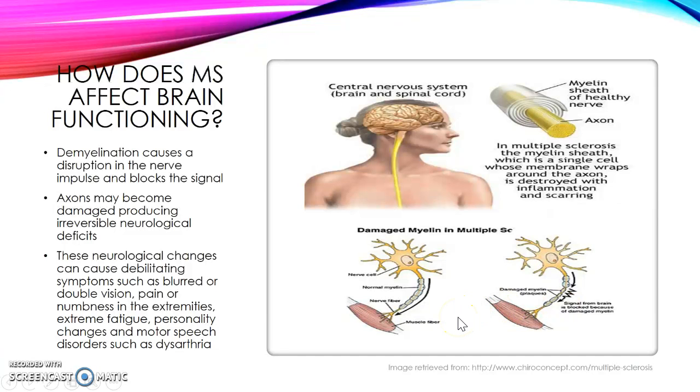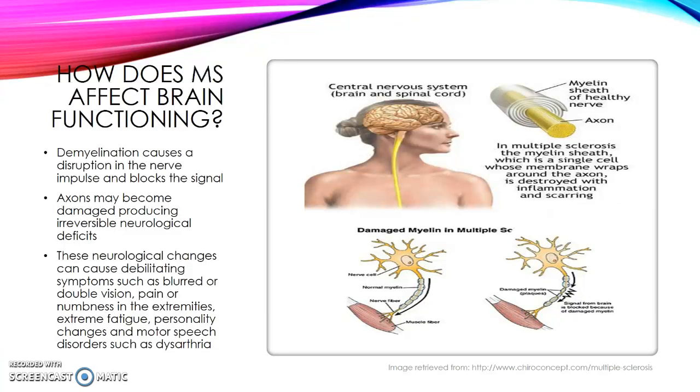There's also an allowance of transmission of extracellular bodies such as sodium or potassium to get into the axon where it's supposed to be covered by the myelin sheath. The axons may become damaged and produce irreversible neurological deficits.